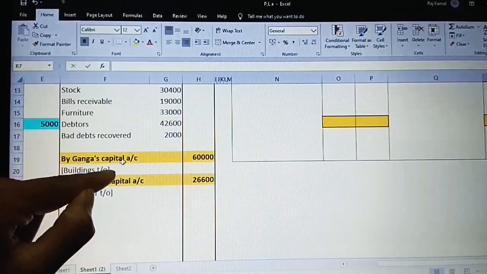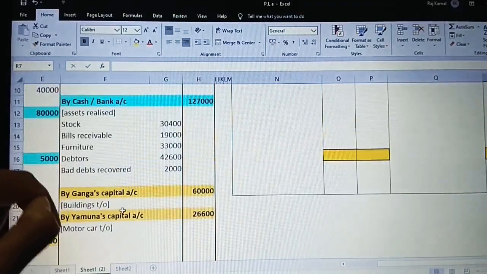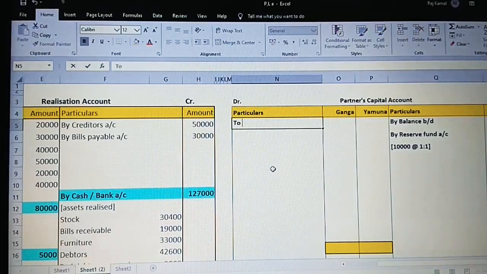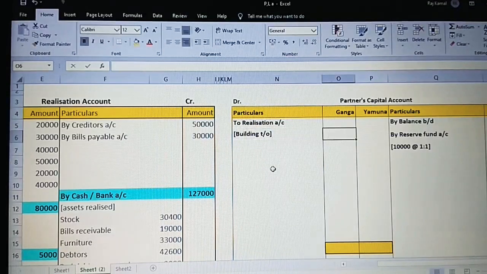First, credit side. Could you all find Ganga and Yamuna's capital? Building and motor car are taken over. So opposite to realization account, building taken over, it's by Ganga. The value of that is 60,000.